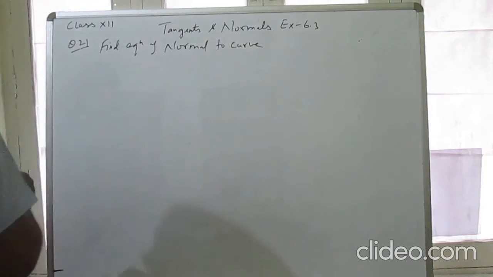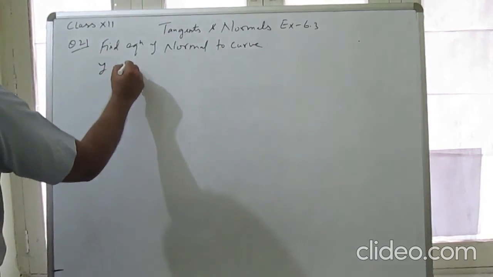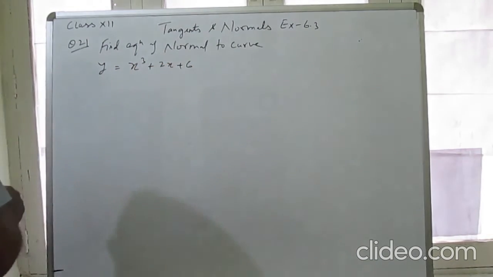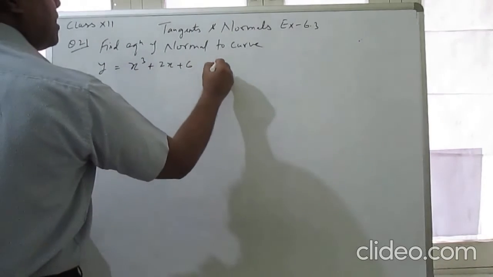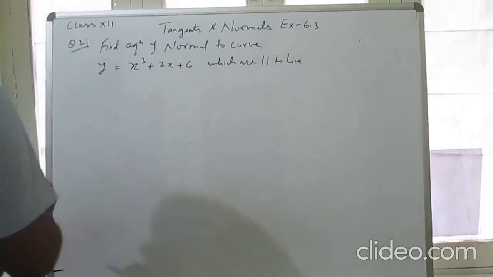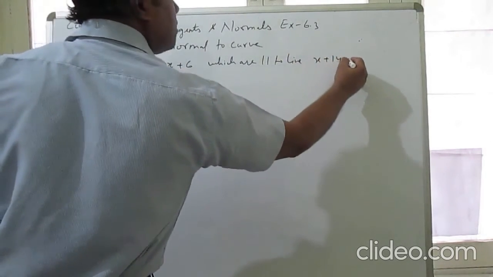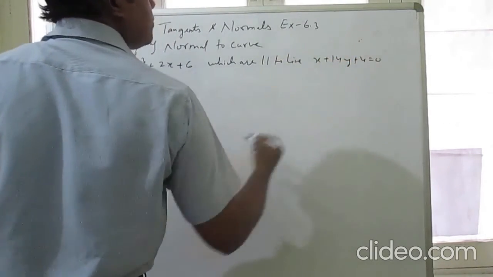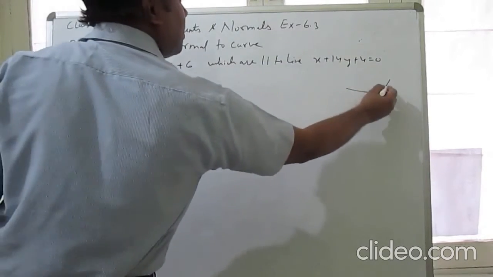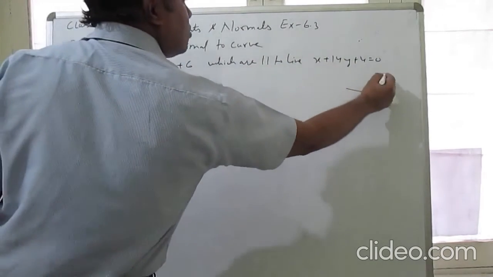The curve is given to you: y is equal to x cube plus 2x plus 6, and which are parallel to the line x plus 14y plus 4 is equal to 0. This is a curve, and find the equation of the normal. This is the normal and the normal is parallel to this line.